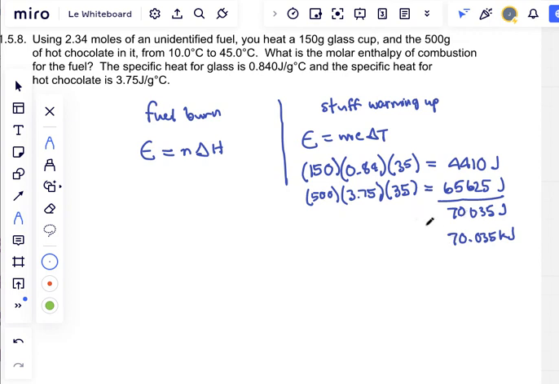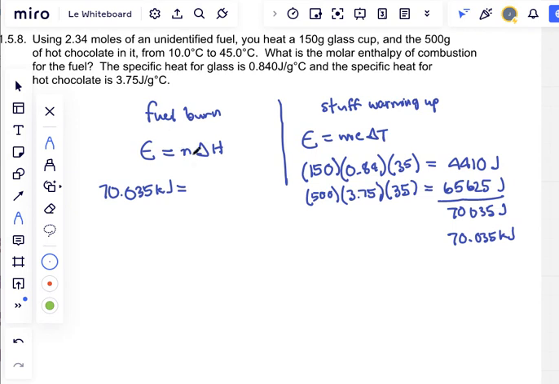Now that we have that energy, we can go over to the other side, and for the fuel, we can say, we know you released 70.035 kilojoules because we just found it over in these materials. So our total energy here, or enthalpy, is 70.035 kJ equals number of moles.